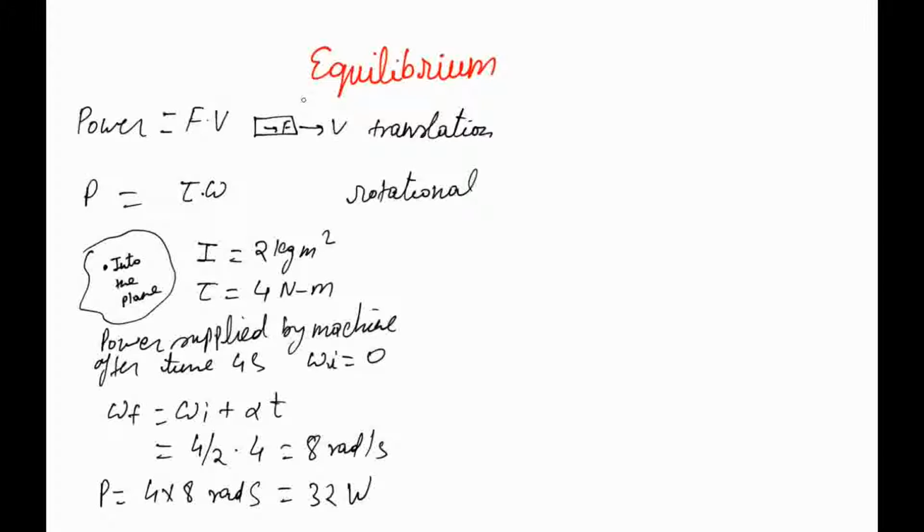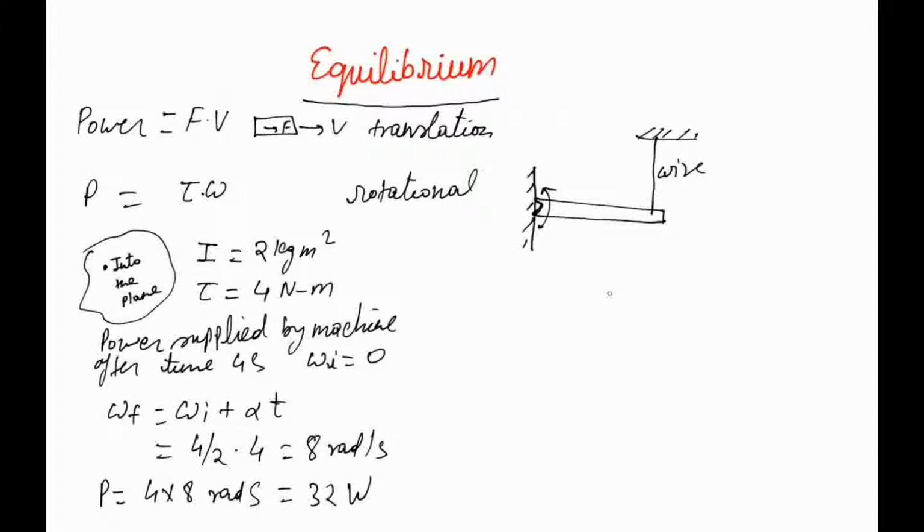But the main reason for this lecture was to discuss equilibrium. So what is equilibrium? Let's take an example. Let's say we have this rod here, and this is hinged here so it can move up and down, and this is the wall. If you let this go, it is going to go down. But if you hold it with a wire, it is going to stay in its place.